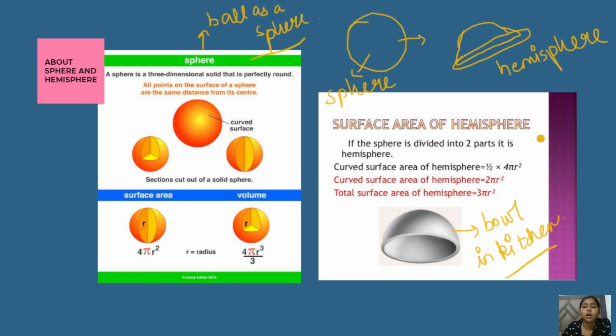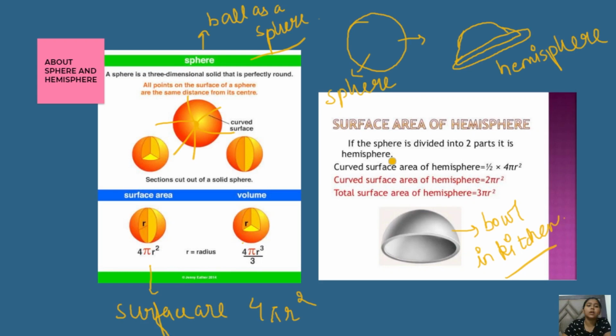So a sphere is a three-dimensional solid that is perfectly round. It's the same thing which we discussed in the circle, that the center point is equidistant from the circumference. Now the surface area of this sphere is 4 pi r square, right? Now I've told you what the total surface area and curved surface area are.